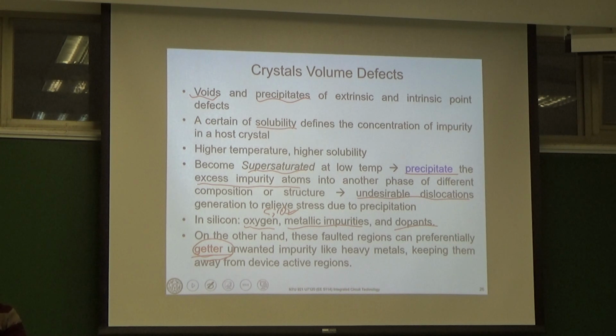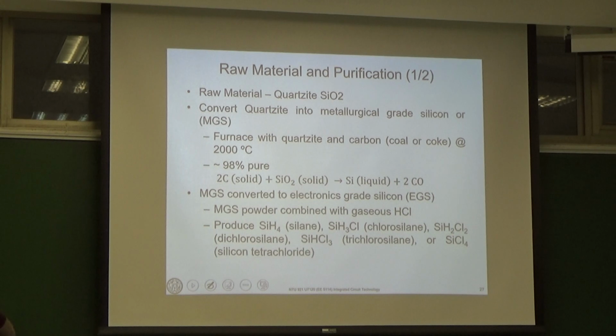So we can keep those impurities away from the surface channel, which is good, and we call this the gettering process. We will introduce this process in more detail in the next chapter. So this volume defect, on the other hand, is a good thing for us, and can help us gather more unwanted impurities.